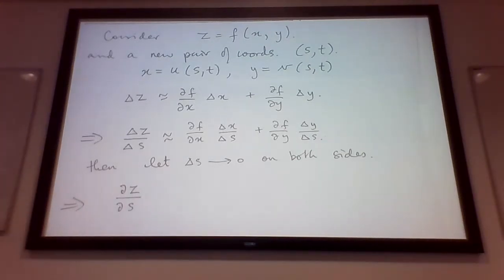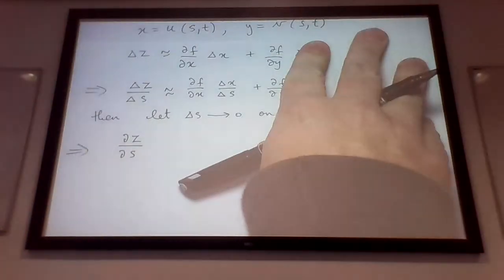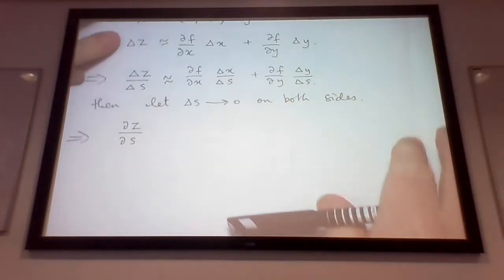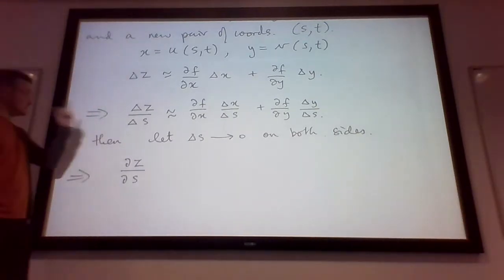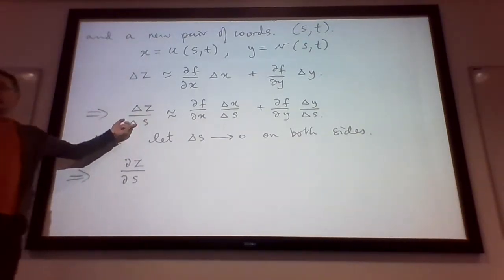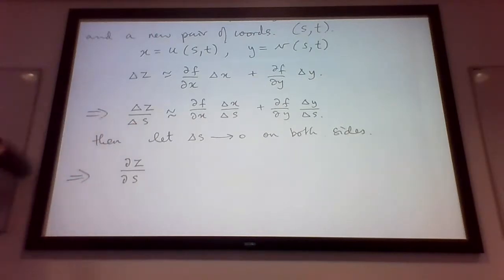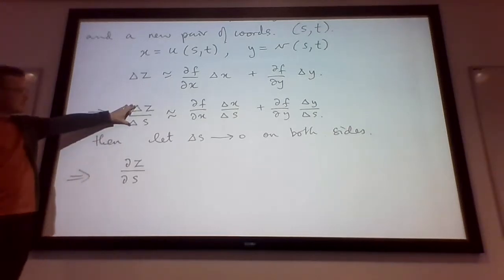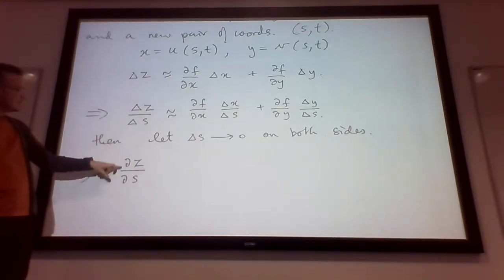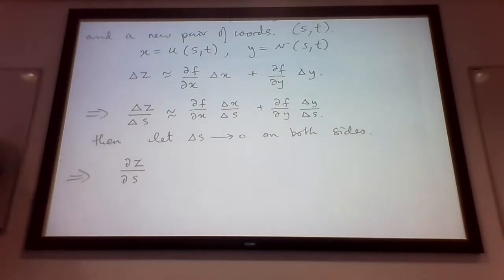Remember, the partial derivative of z with respect to s is the limit of the relative change in z when s undergoes a change and the other variable t is kept constant. So in the limit, the left-hand side becomes dz ds.